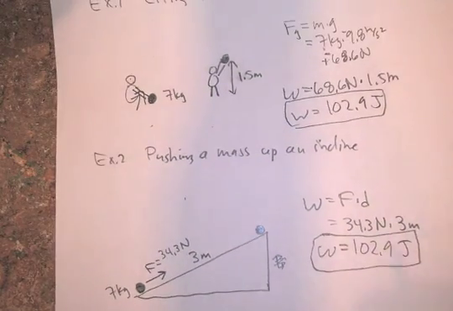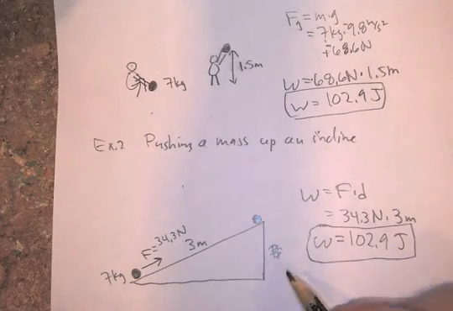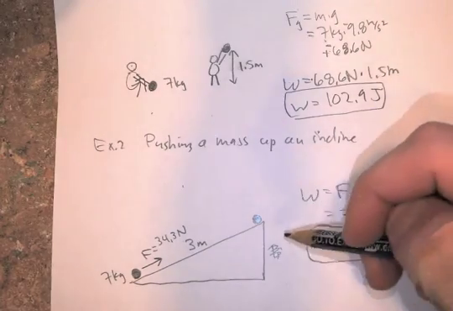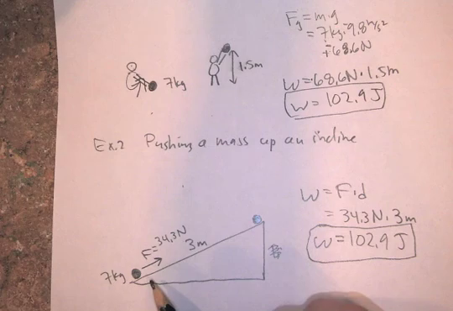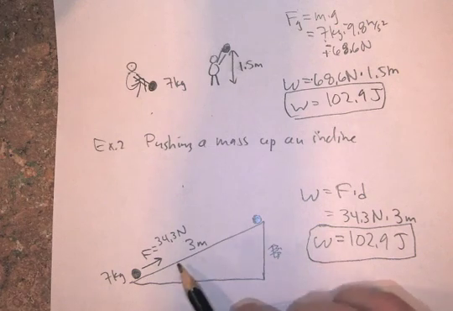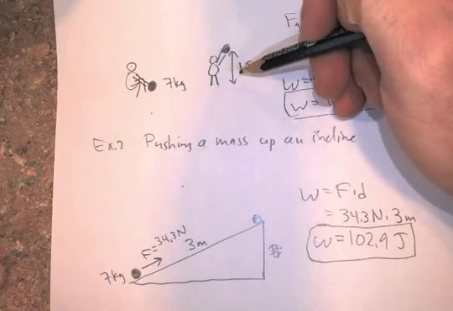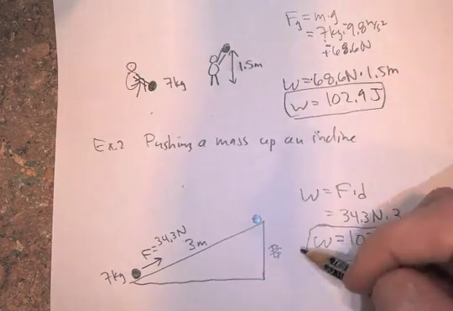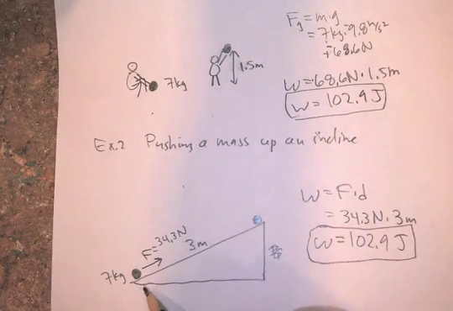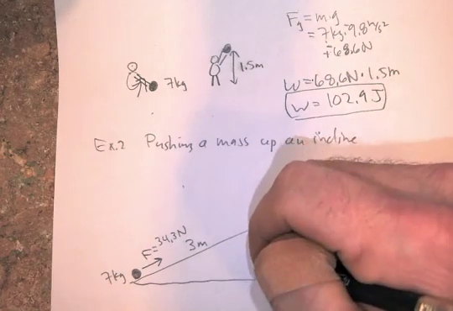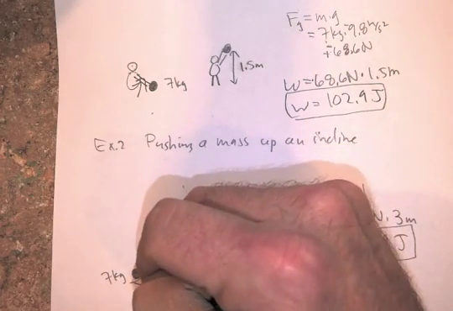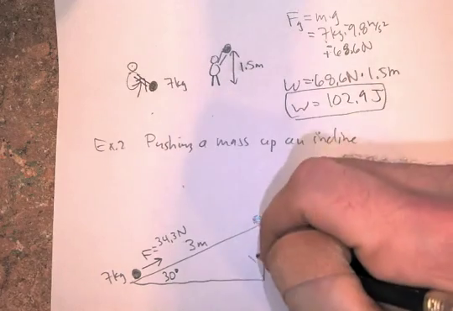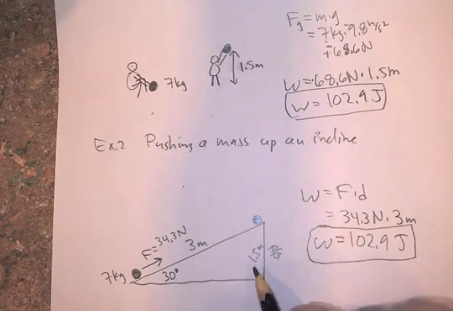Okay, so here's the last thing to tie it into what you know already. He did 102.9 joules of work to push it up here. This guy did 102.9 joules of work to lift it here. The end result is getting a ball from ground level to, assuming this is 30 degrees, I kind of forgot to tell you that, and this would be 1.5 meters, right?